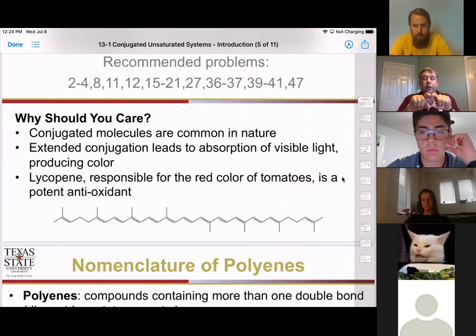So let's say you have only 2 things in conjugation, and so your energy band is going to be kind of small, because you have all the different double bond possibilities and all the different ways to mix the electrons in those orbitals together, right? Let's say you add one more double bond to your system. Now you have a wider section where you can add electrons in.